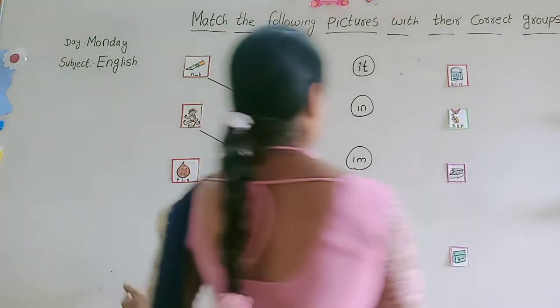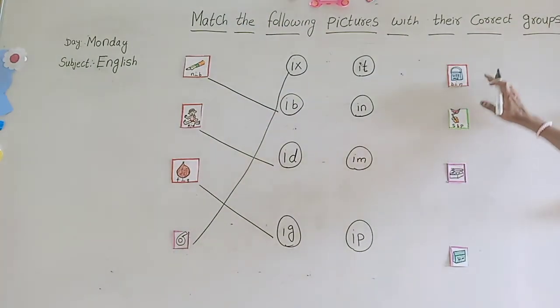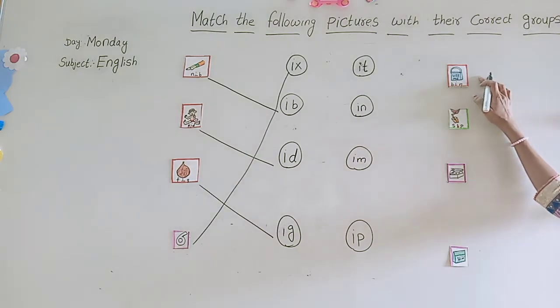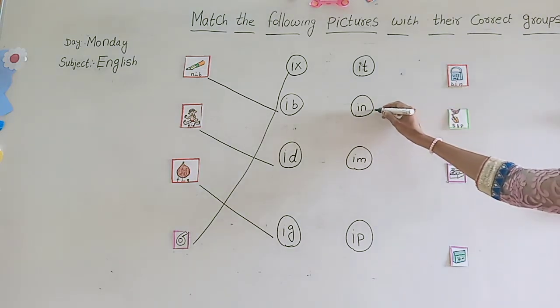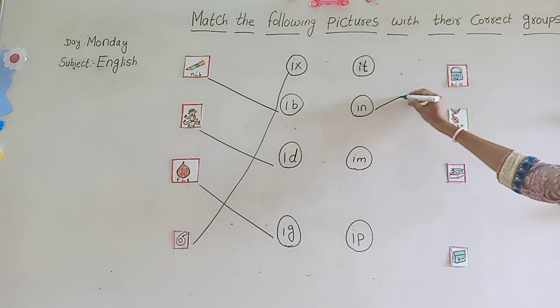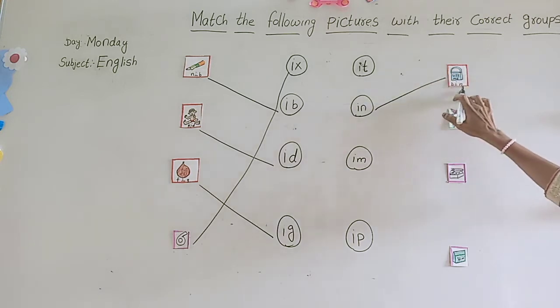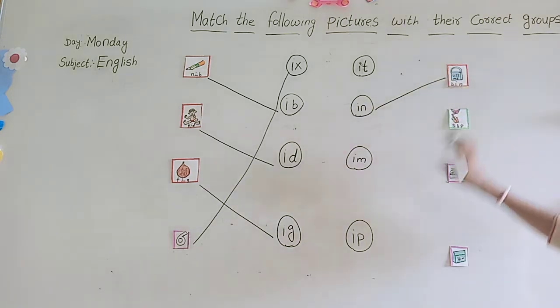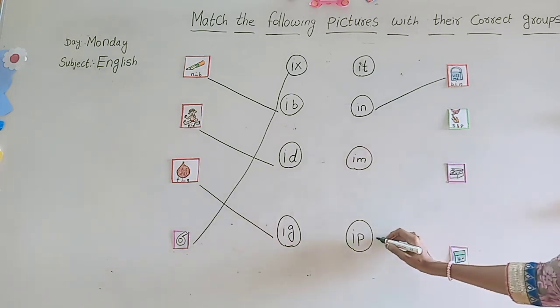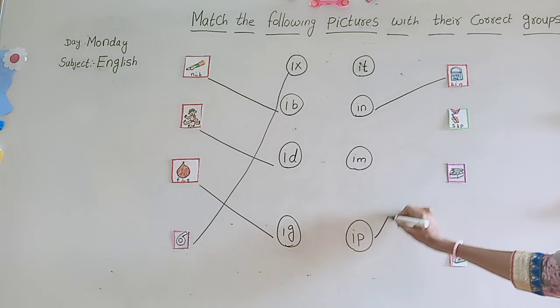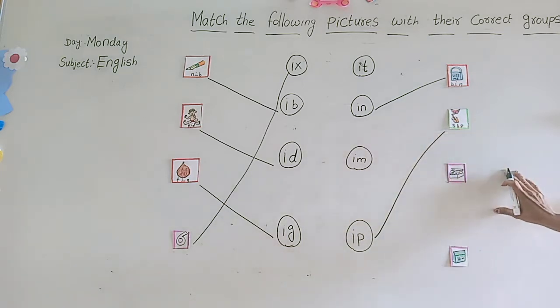Now here, which picture is this, beta? This is bin. So we have to match with IN with the picture. BIN, bin. Then which picture is this? Sip. Then we have to match with SIP, sip.